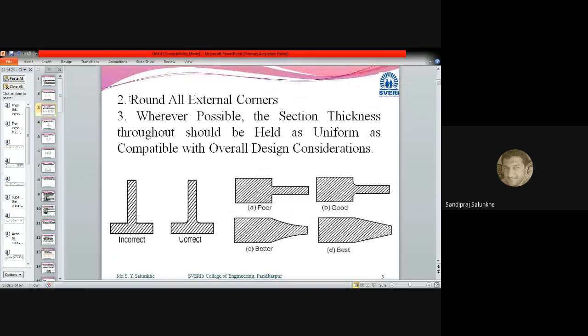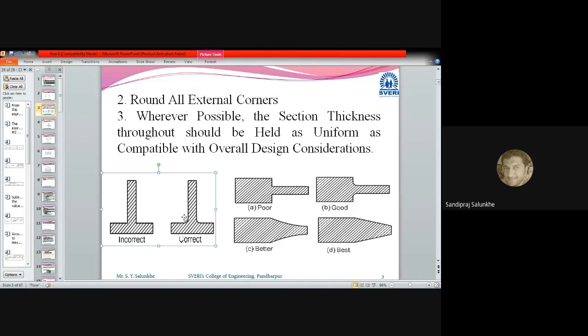Second consideration, round all the external corners. Here you can see the example that for the part which is manufactured by means of casting, a sharp corner is provided. You have to avoid these sharp corners.